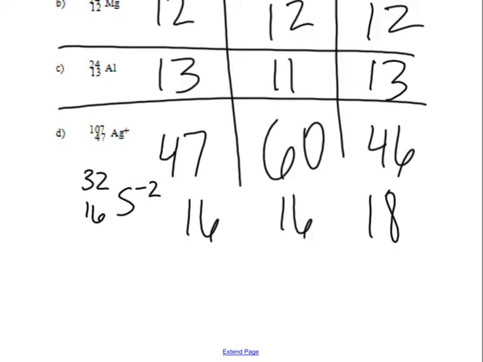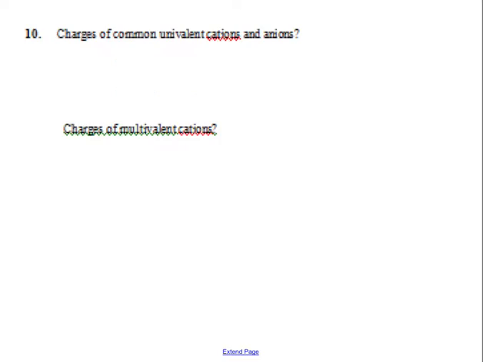Any questions on this? All right. So what we need to do to start naming compounds is to identify the different charges that exist in our ionic compounds. All right? Ionic compounds were composed of what 2 types of elements?